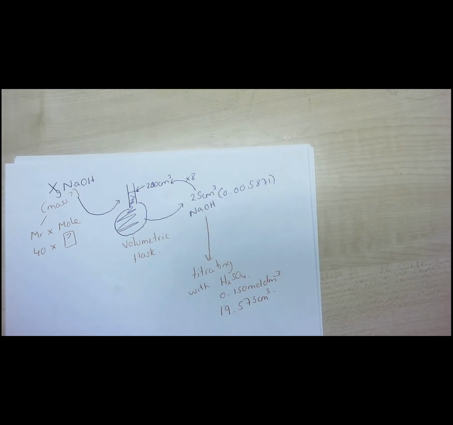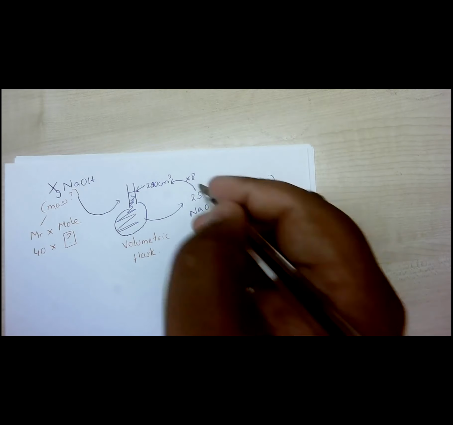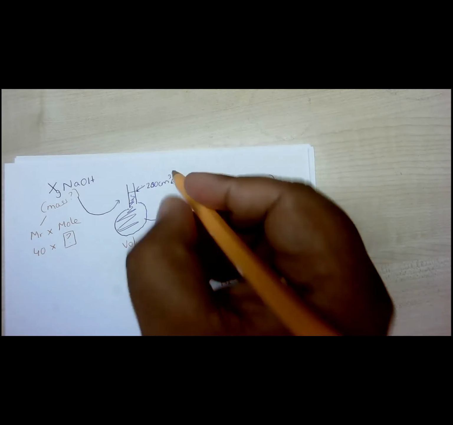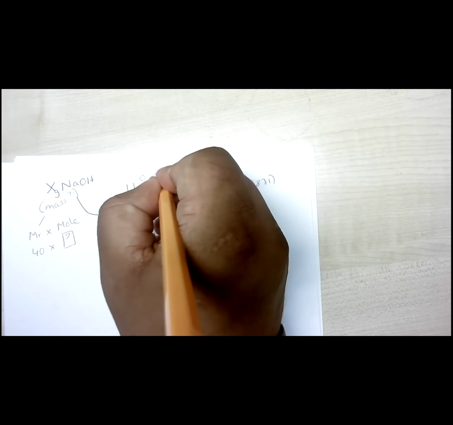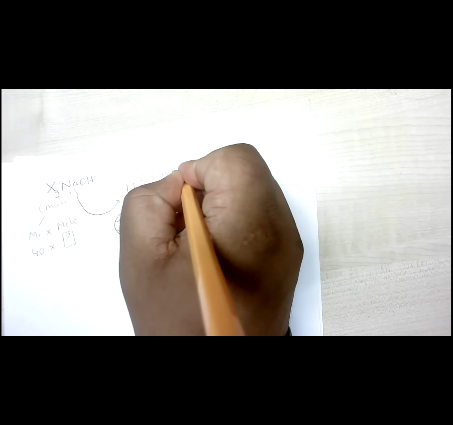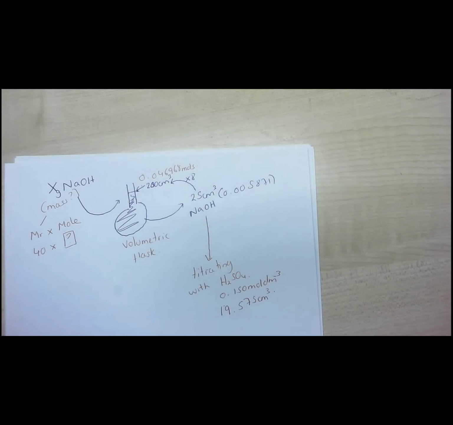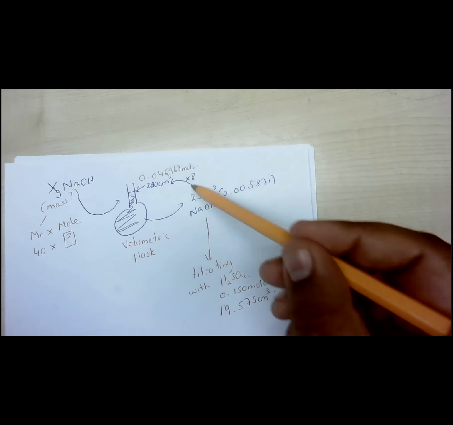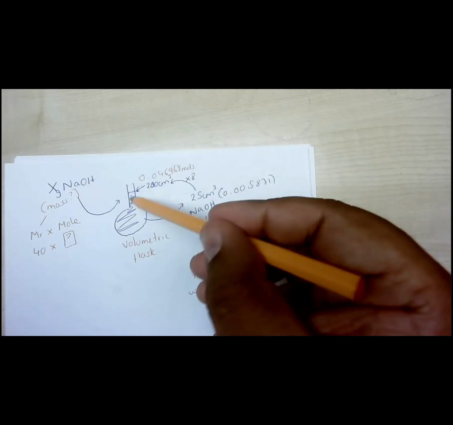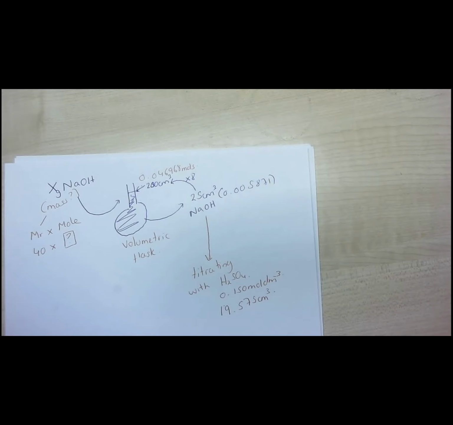So 0.005871 times 8 is 0.046968 moles, and that's the moles which was dissolved in 200. Can you see the ratio? As the volume changes, so does the number of moles, because moles means amount of substance or number of particles. There are obviously more particles in 200 compared to the 25, so there's an increase by a factor of 8 as the volume increases by a factor of 8 as well.